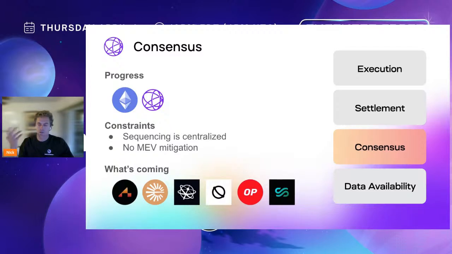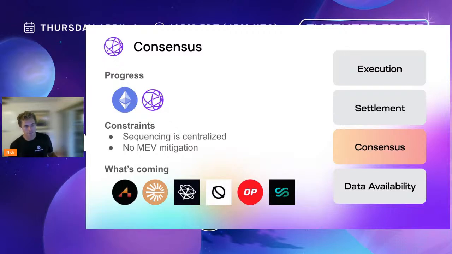So that sequencer either captures the MEV itself, or if you don't have the right tooling, you end up with really bad UX, because people are spamming the sequencer trying to front run or back run and things like that. So there's a lot still to be desired at the sequencing layer. I will say that fortunately, a lot of these centralized sequencers do have inboxes or exit schemes where, even if the sequencer acts maliciously, there's ways for you to get out without too much downside to users.